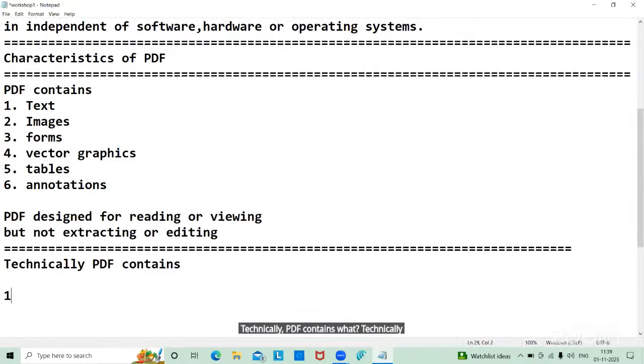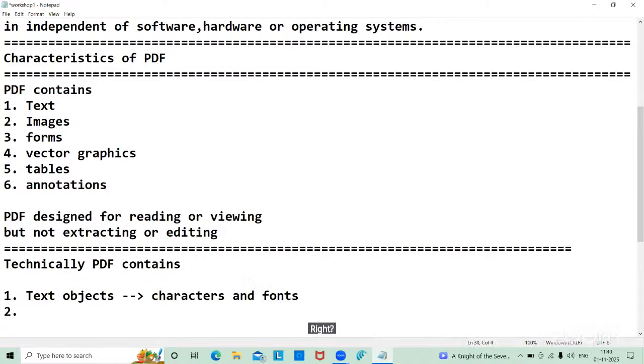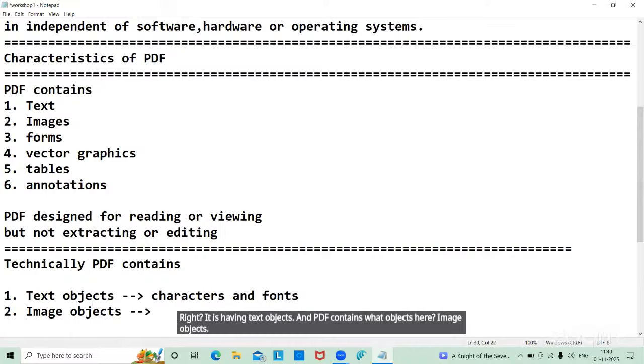Technically, what does a PDF contain? It contains text objects, meaning characters and fonts. It also contains image objects.